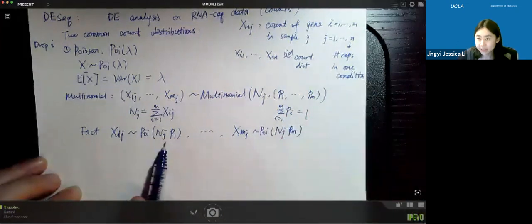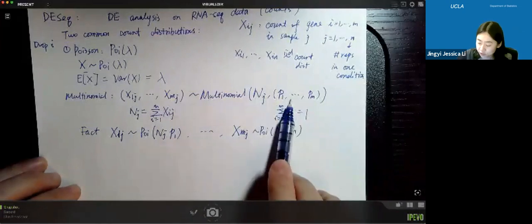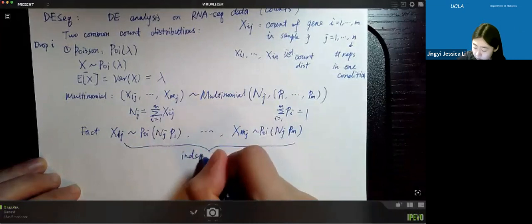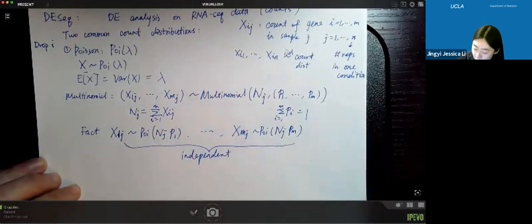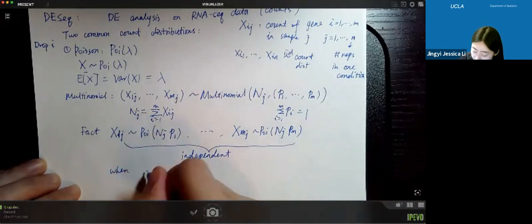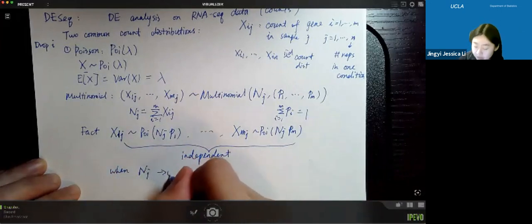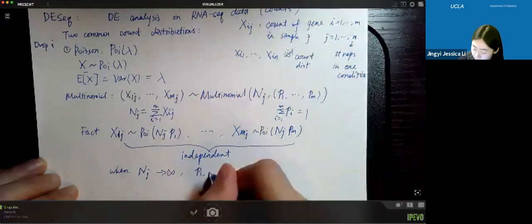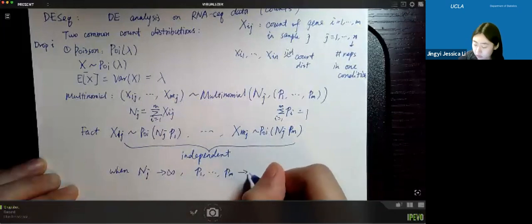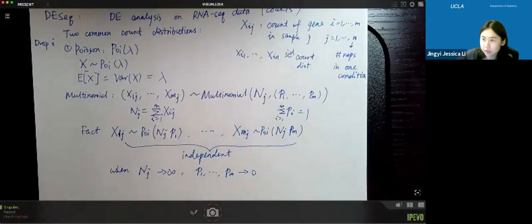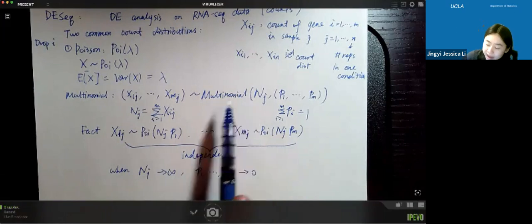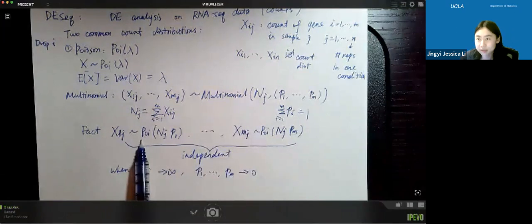So the mean is just the total times the proportion, and they are independent. This fact holds when nj goes to infinity and all the pi, p1 to pn, go down to 0. So you have a very, very large sample size and a very, very small proportion for each gene. Then you can approximate this multinomial distribution by independent Poisson distributions.